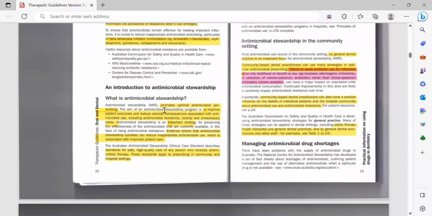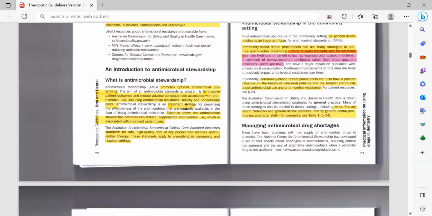The aim of the antimicrobial stewardship program is to improve patient outcomes and to reduce any adverse consequences associated with antimicrobial use, including antimicrobial resistance, toxicity, and unnecessary costs. So they just need to make sure that you are prescribing the antibiotic to the patient where there is a need, and prescribing optimally to reduce any adverse consequences.